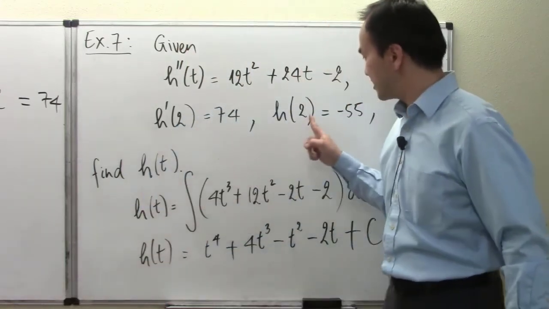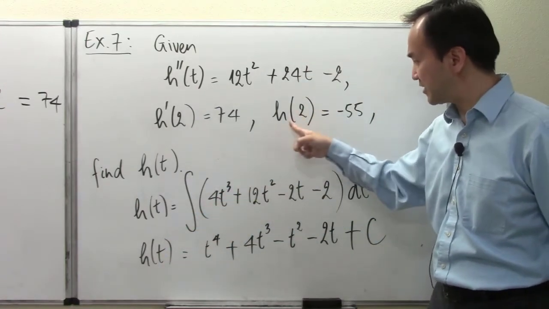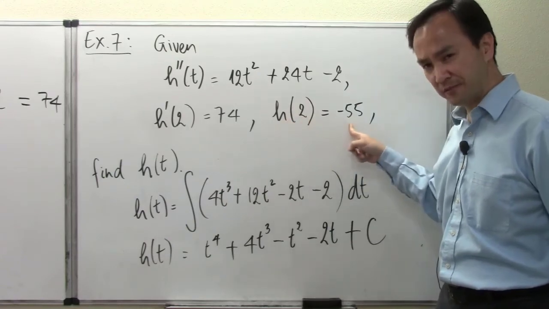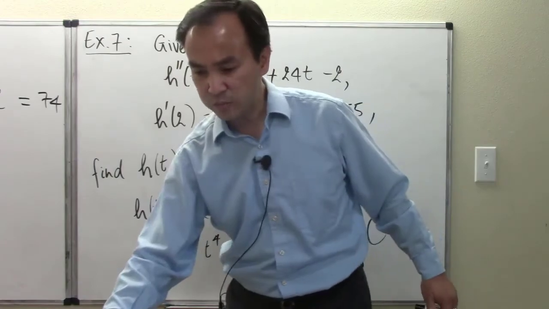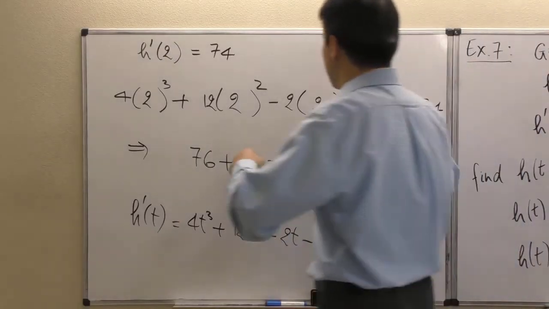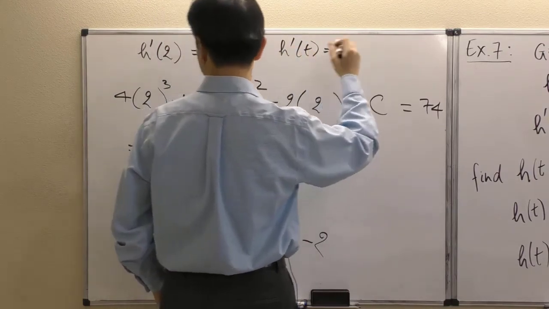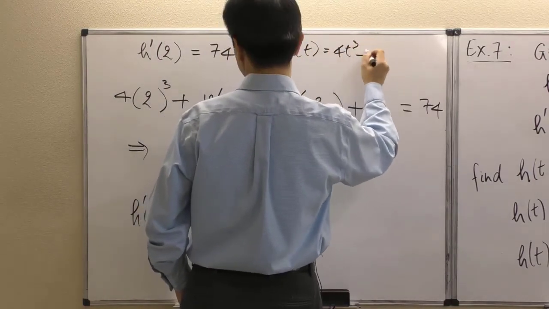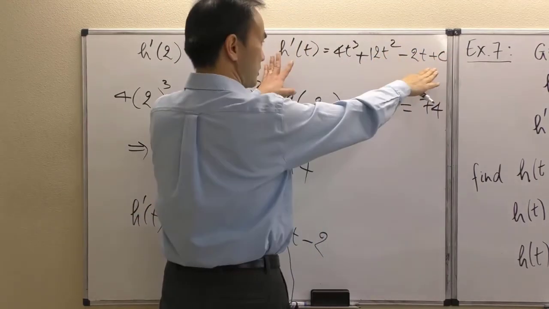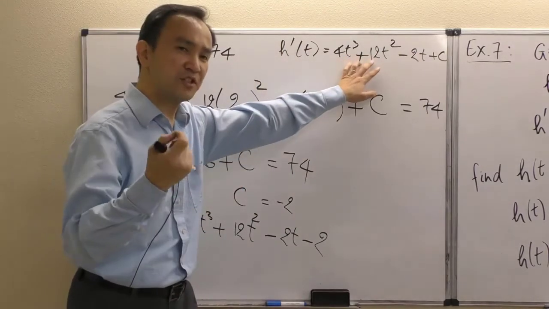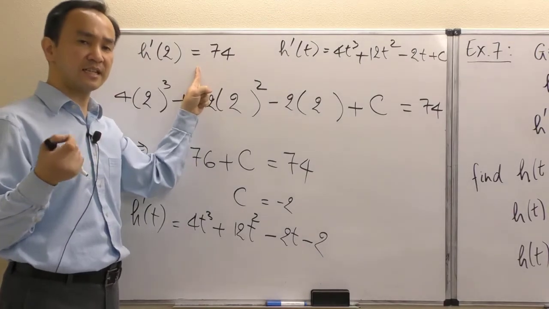The requirement here is that I want the h of t function such that it satisfies h of 2 equals negative 55. And I should have also explained that in our previous step. Once we found our h prime of t to be 4t cubed plus 12t squared minus 2t plus c, it was a general solution, and we wanted to look for the particular solution that satisfies this condition.